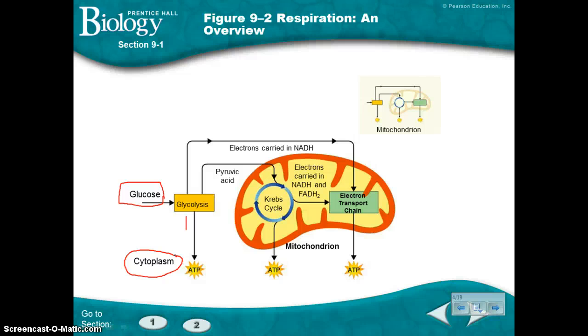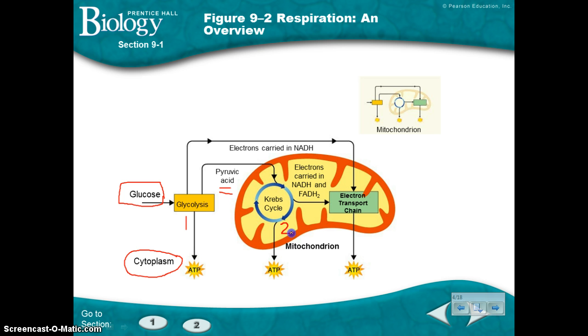But the idea to understand is that each step makes a product that becomes the reactant of the step that follows it. So glycolysis is the process of breaking glucose basically in half to make pyruvic acid. That pyruvic acid then is the reactant for the Krebs cycle.